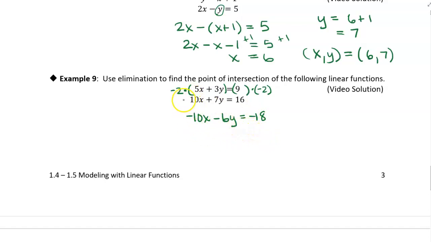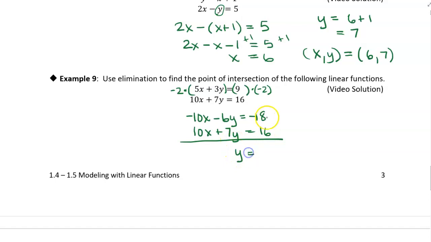But you can see now, if I add this new equation that I got by multiplying the first one by -2 to the second equation, 10x plus 7y equals 16, then what happens is that -10x plus 10x is 0. -6y plus 7y is just y.